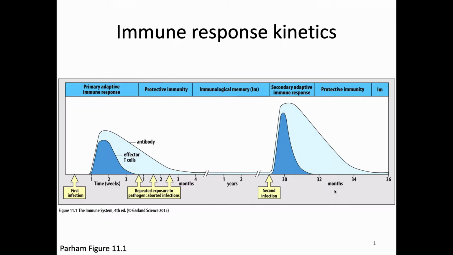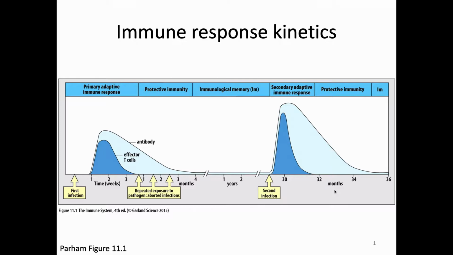We started this conversation about immune response kinetics last time, and we learned about primary and secondary responses, and the induction of both effector cells and memory cells, particularly how the memory response will happen a bit later after that primary response has contracted.